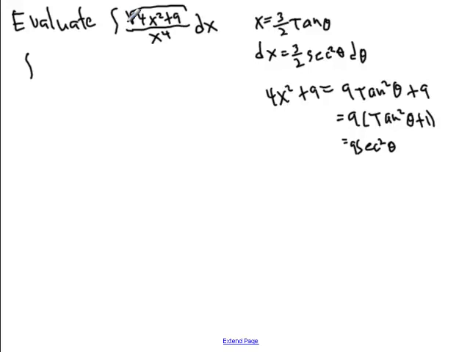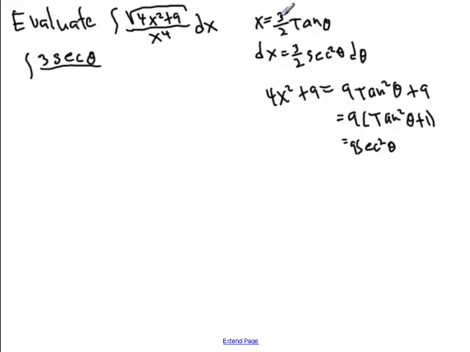Integral of square root of 9 secant squared theta, so I'm just going to write that as 3 secant theta for now. And then we have the denominator, which is x to the fourth.